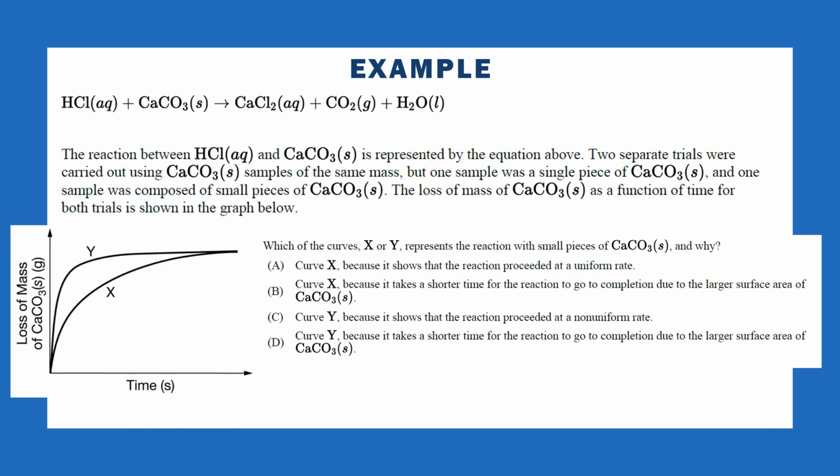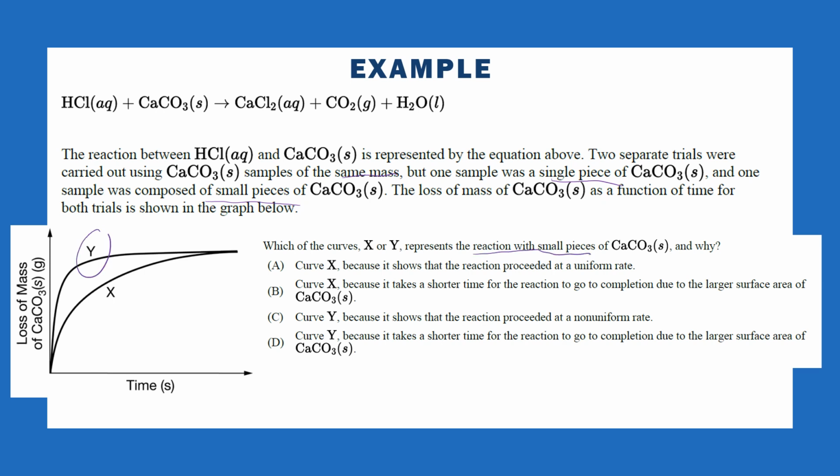Okay, so we have a different reaction, and this time 2 separate trials were carried out using calcium carbonate samples of the same mass. One sample had a single piece, and one sample had many small pieces. So this is a collision theory question. The more pieces you have, the more surface area, and therefore the more collisions are possible. Now we have a loss of mass as a function of time for both trials, and which one represents the reaction with small pieces?